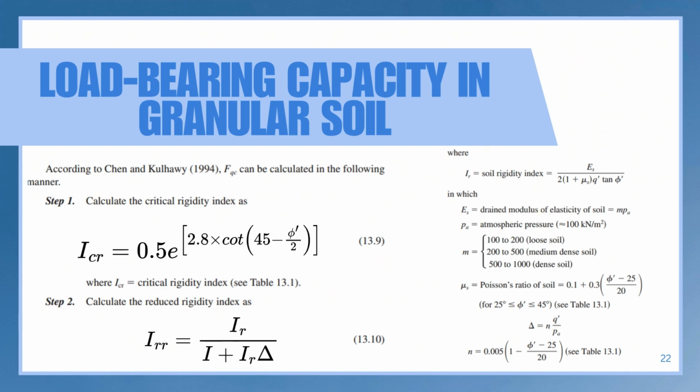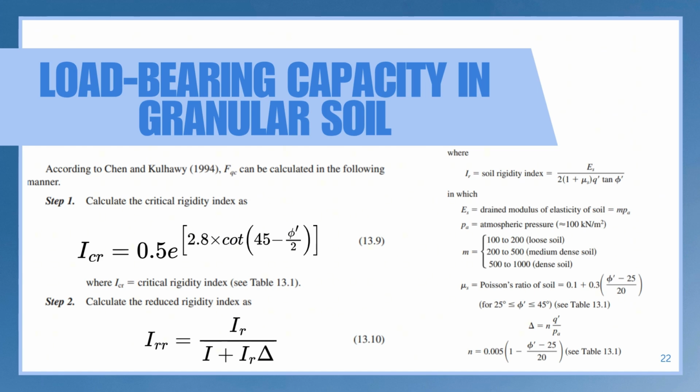According to Chen and Kulhawy, to account for compressibility effects, we calculate the rigidity index of the soil. First, the critical rigidity index I_rc is determined using table 13.1 based on the soil friction angle given. Then the reduced rigidity index I_rr is calculated, which incorporates soil stiffness, effective stress, and other soil properties.